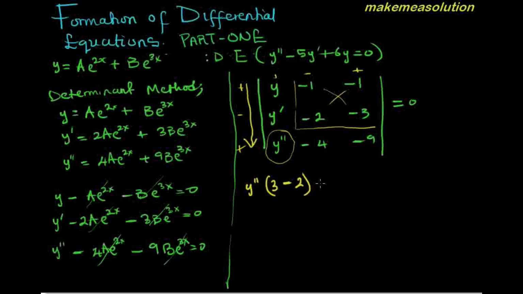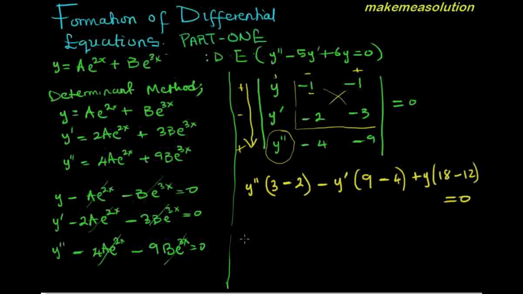Then you do minus y prime into the minor of y prime, which is minus 1 times minus 9, which is 9, and minus 4 times minus 1, which is 4. Then plus y into the minor of this one: minus 2 times minus 9 is 18, and minus 3 times minus 4 is 12. So everything is equal to 0.